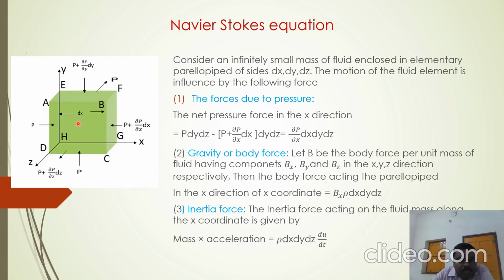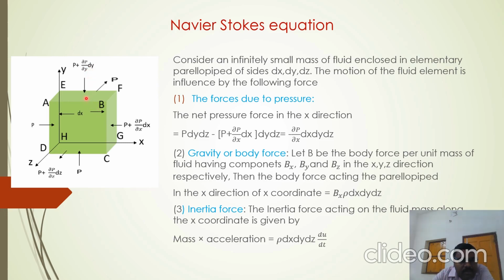Now suppose that a pressure P acts on this plane, and the pressure on the opposite plane is P plus ∂P/∂x times dx. Similarly, if the pressure on this plane is P, then the pressure on the opposite plane is P plus ∂P/∂y times dy.